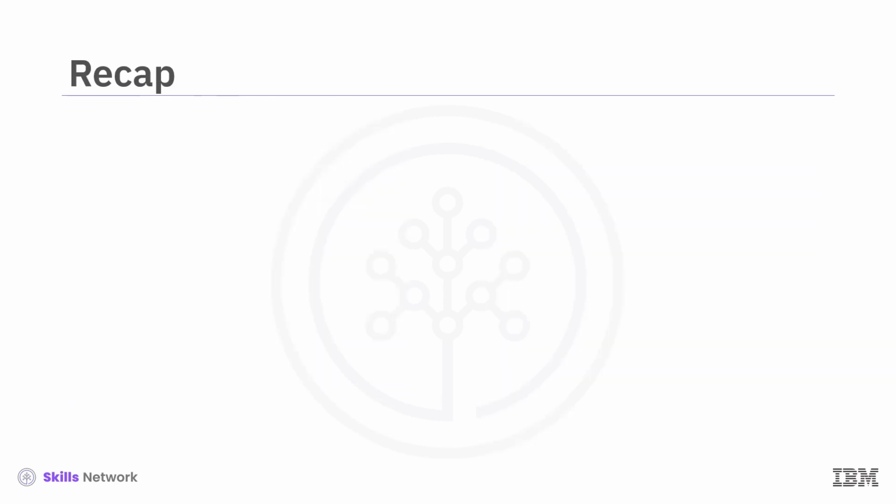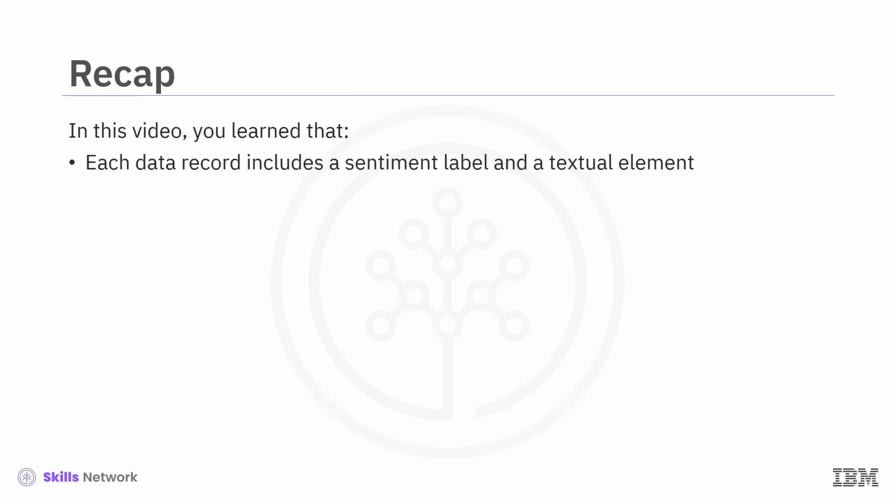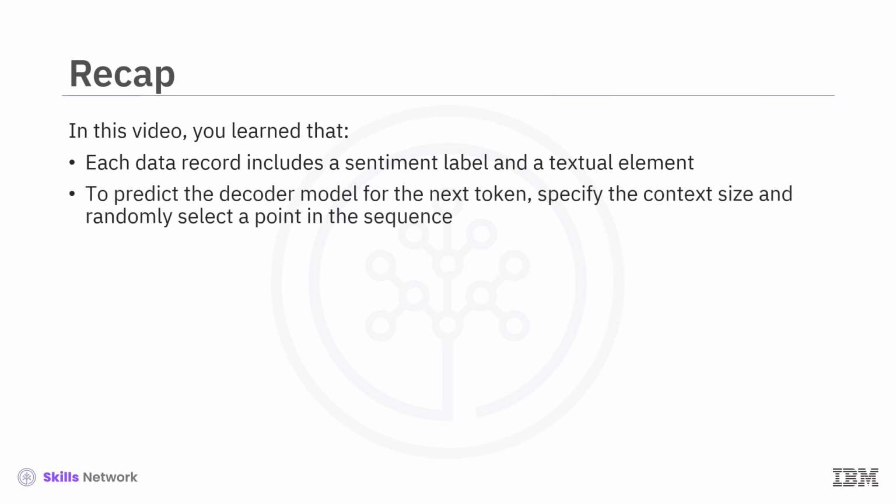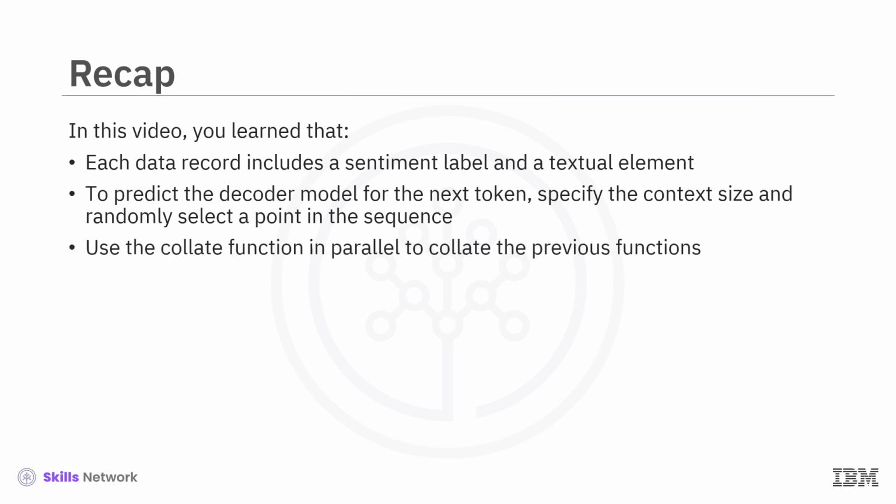Now you've reached the end of this video. Let's recap. In this video, you've learned to create a decoder model to predict the next token. Each data record includes a sentiment label and a textual element to create training data. To predict the next token with the decoder model, you need to specify the context size and randomly select a point in the sequence. You also learned that the collate function can be used in parallel to collate the previous functions.